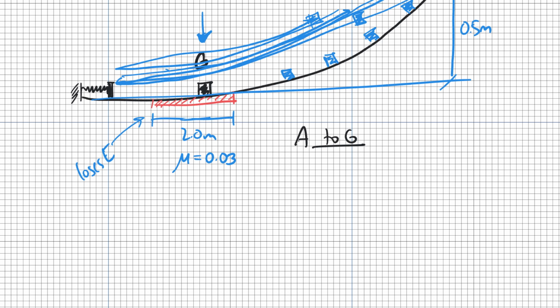So again, free body diagram anywhere along here. What are the forces we're dealing with here? If I draw the block, at different points I have springs, I have gravity, I have friction, which could go left or right depending on which way it's moving.